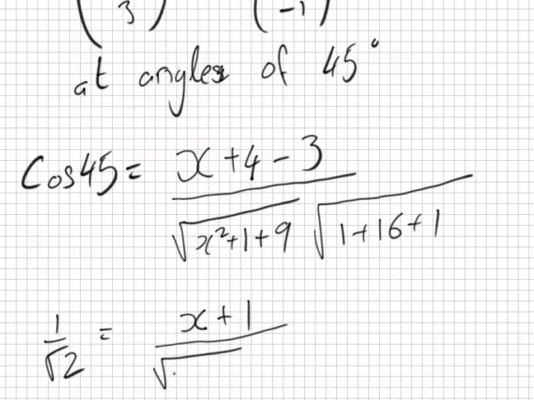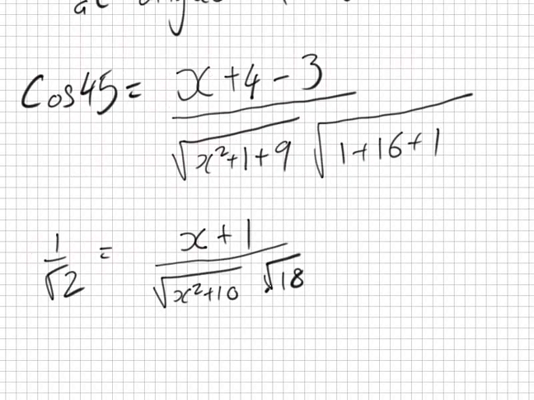This will be square root x squared plus 10, and this will be square root 18. So I should definitely take that over to here. Square root 18 divided by square root 2 is 3, isn't it? Root 18 divided by root 2 is 3.